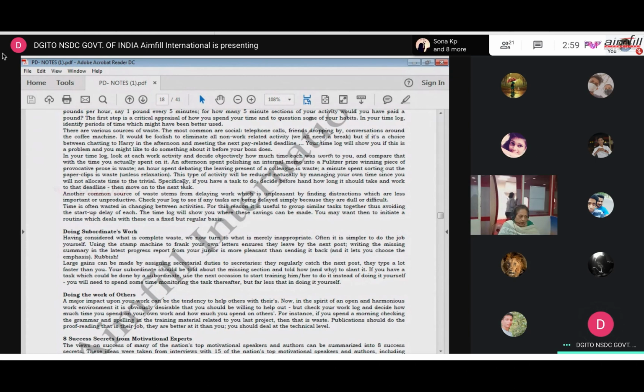Next line. Time in 24 hours is equal for everyone.